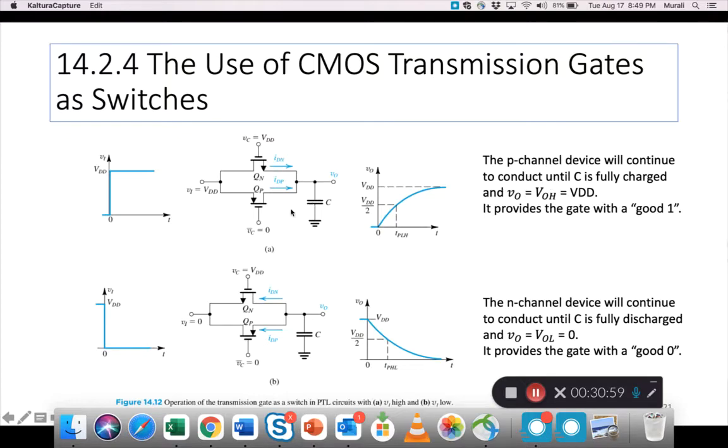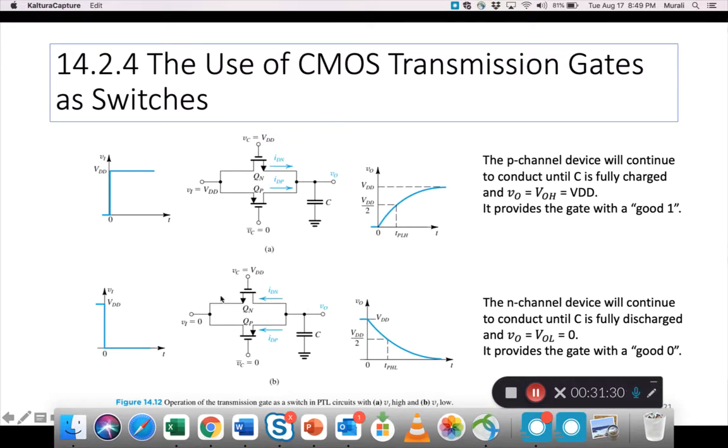One of the problems is that if you only have an NMOS device, at a certain point the conduction stops and you only reach VOH, right? But with both devices, the P channel will continue to conduct until C is fully charged, and VO, which is the output here, is VOH, which is VDD. So it provides the gate with a good one.